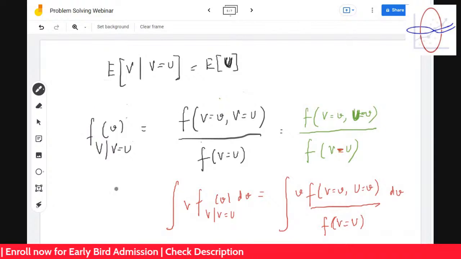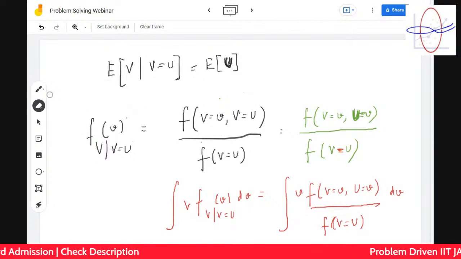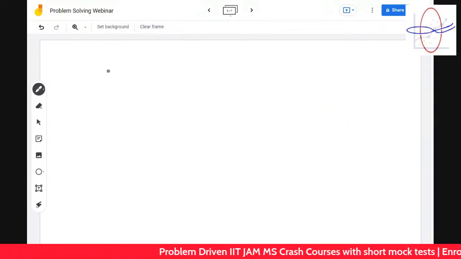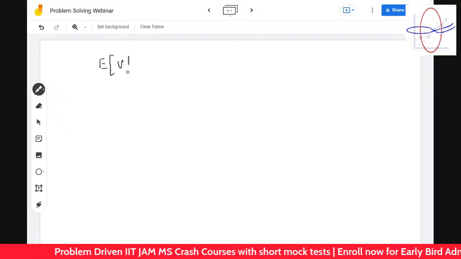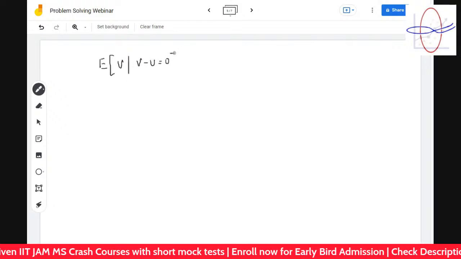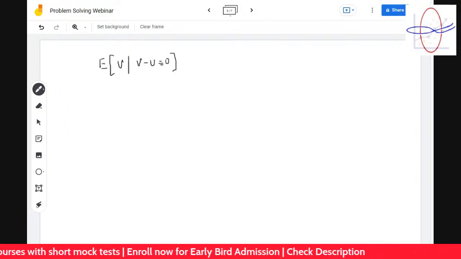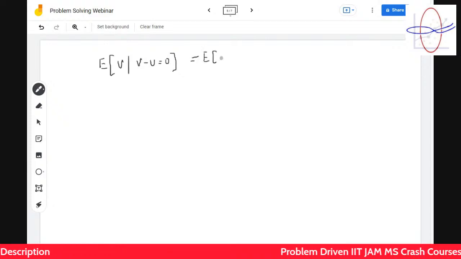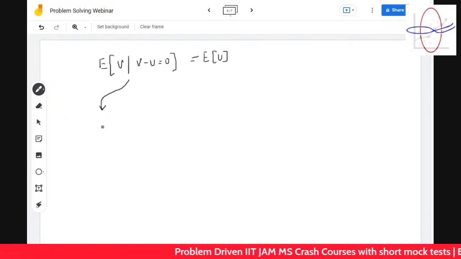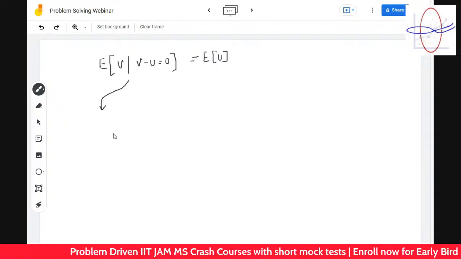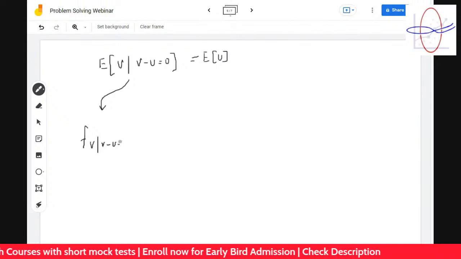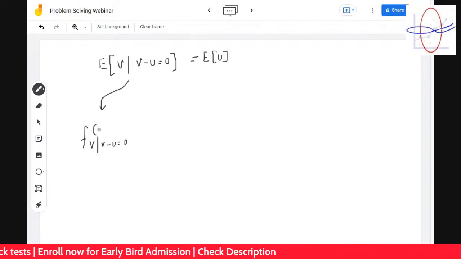But the idea is that you can write it in a different way. I'll just clear the frame and write it. So the expectation of V given V minus U is equal to 0. Because it's a random variable, it means an event, so then you can write it in that sense. So let's find the f of V given V minus U is equal to 0 of small v.